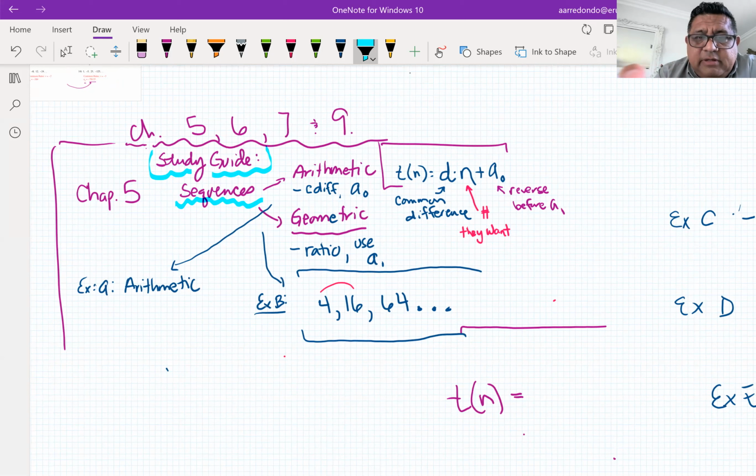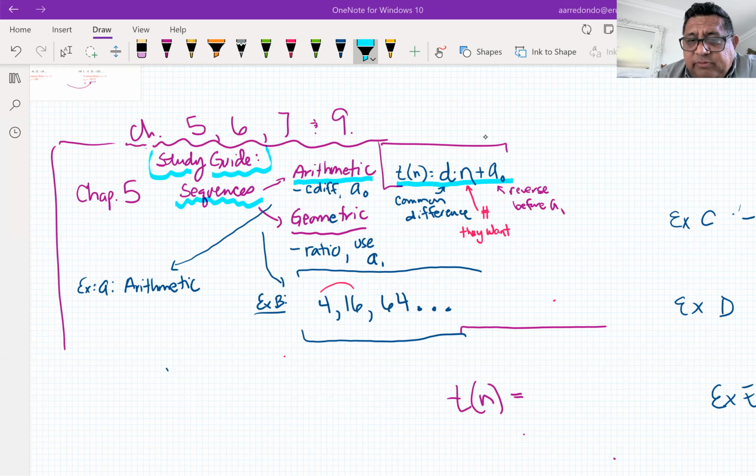As a reminder, let me get this light blue highlighter. Let me highlight that we went over arithmetic. And its formula was the following. T of n is the common difference times the n, the number that they want, plus the a sub 0.